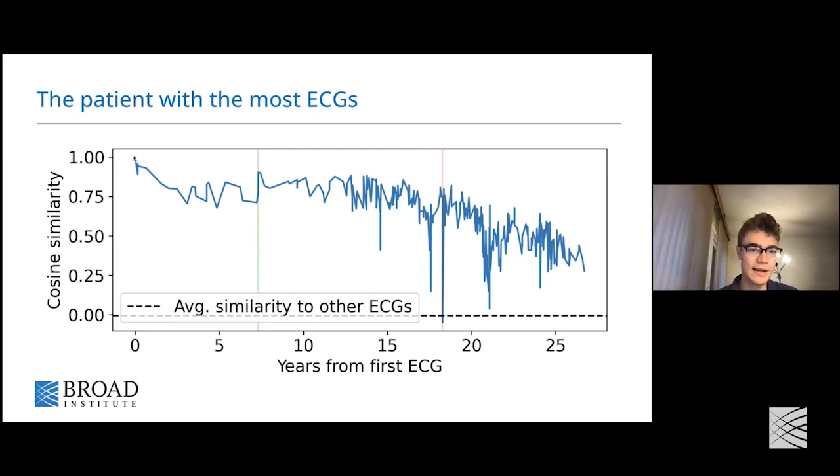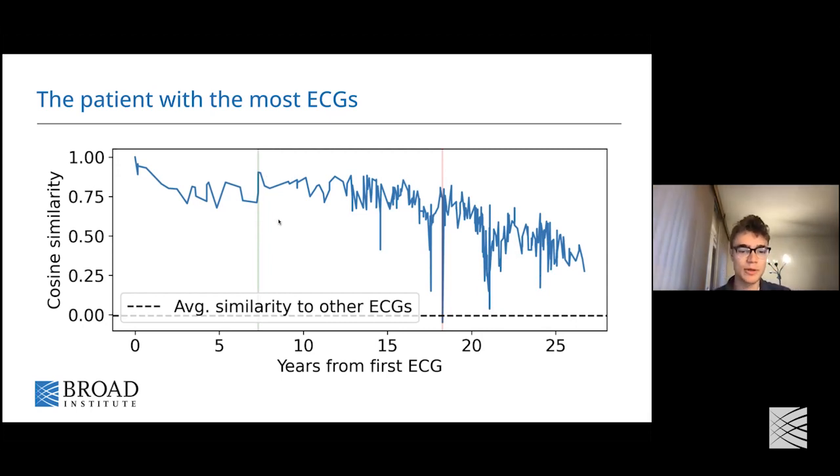So this first point up here at 0 years is the cosine similarity with the first ECG and the first ECG representation. So that should be 1. And then as we go on average, the cosine similarity with the first ECG and the current ECG goes lower and lower, but still is much above the average cosine similarity to other ECGs.